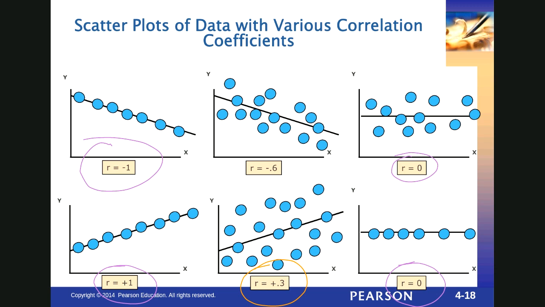There's a weak association between X and Y. When R is equal to negative 0.6, the direction is negative, but it's close to 0.5, so we would say a moderate. So a moderate negative relationship. Questions for me?